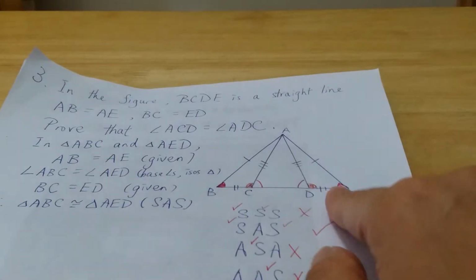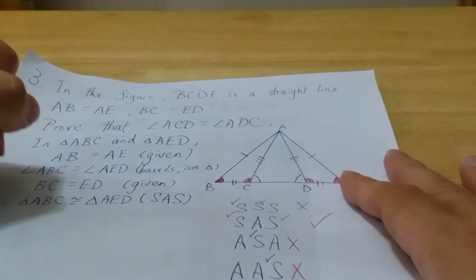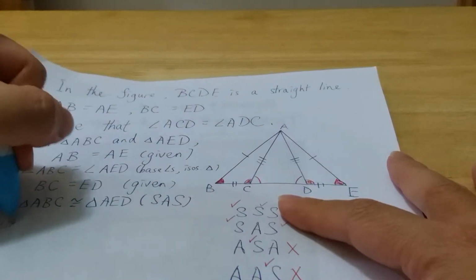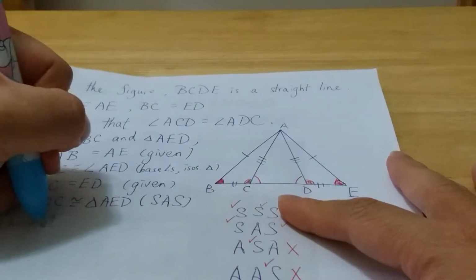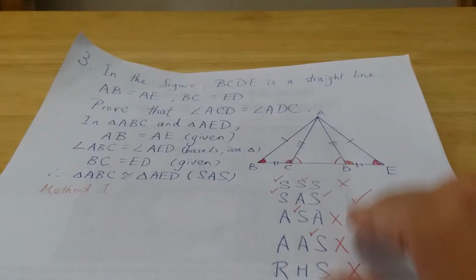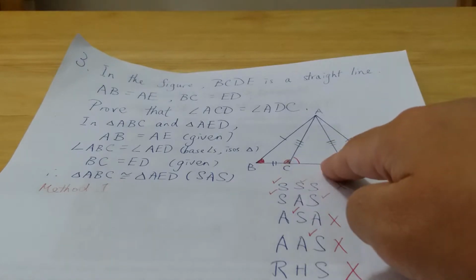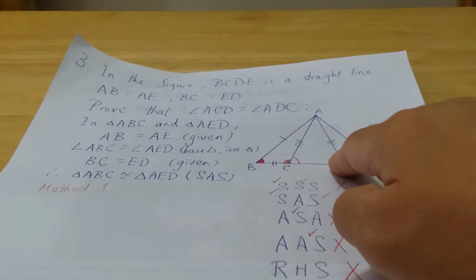Now we are going to prove the angles are equal. So what can we do? Let's have method 1, the orange one. We are going to prove these two angles are equal and then these two angles. With the help of adjacent angles on a straight line, these two are equal.